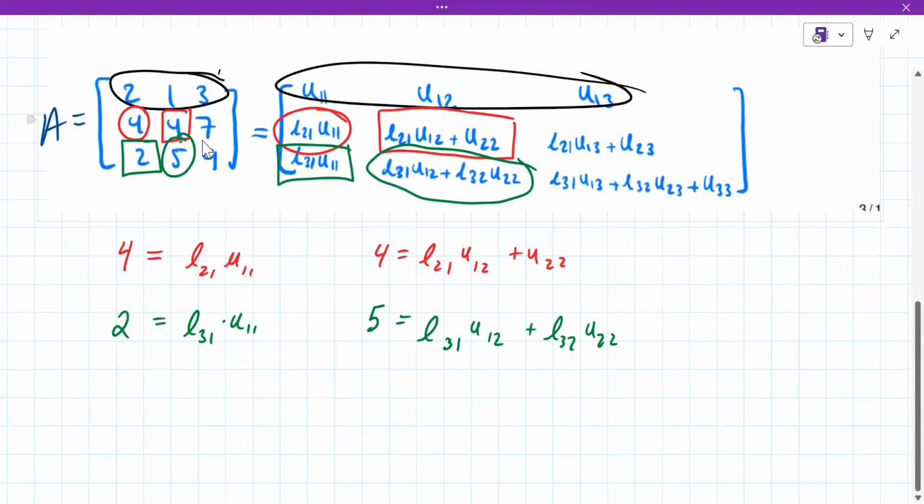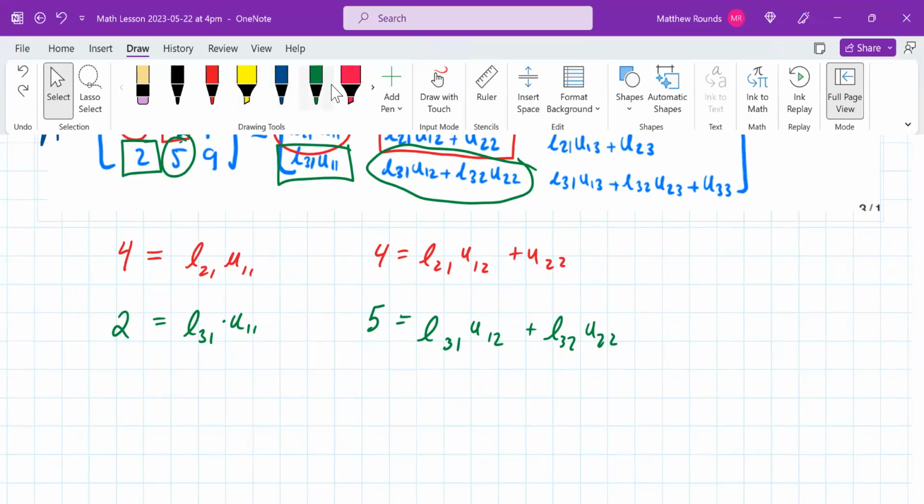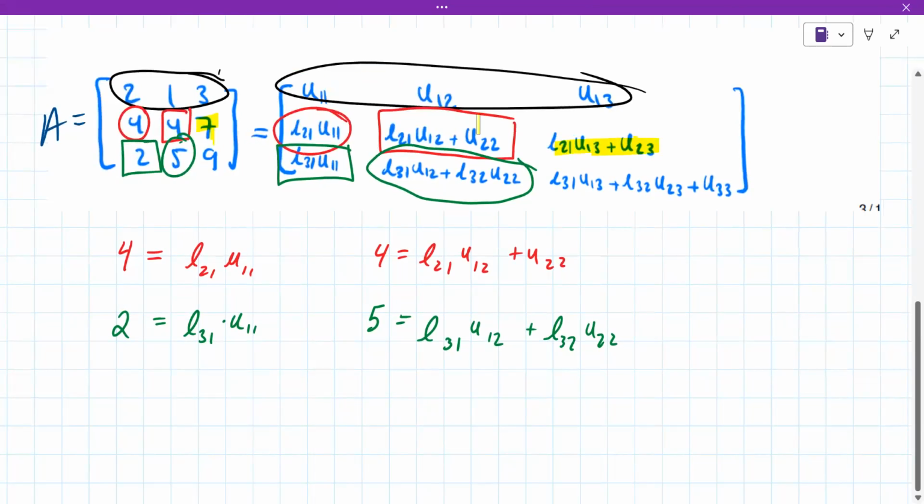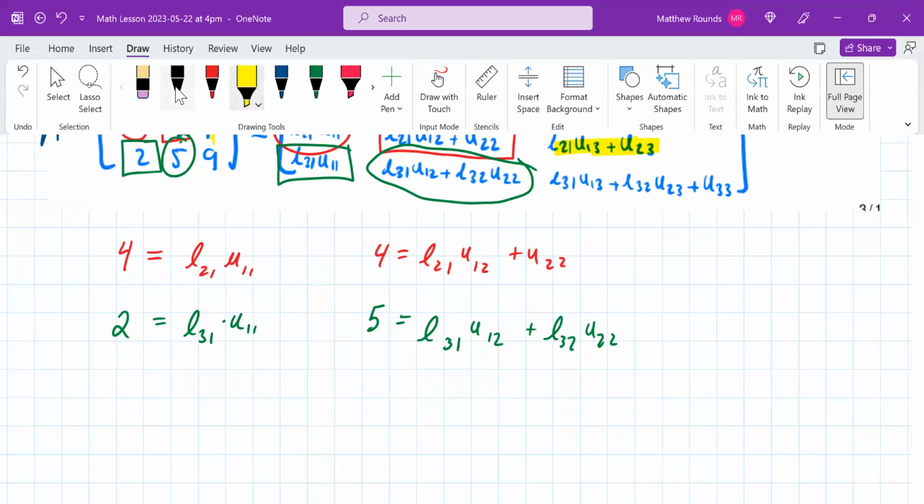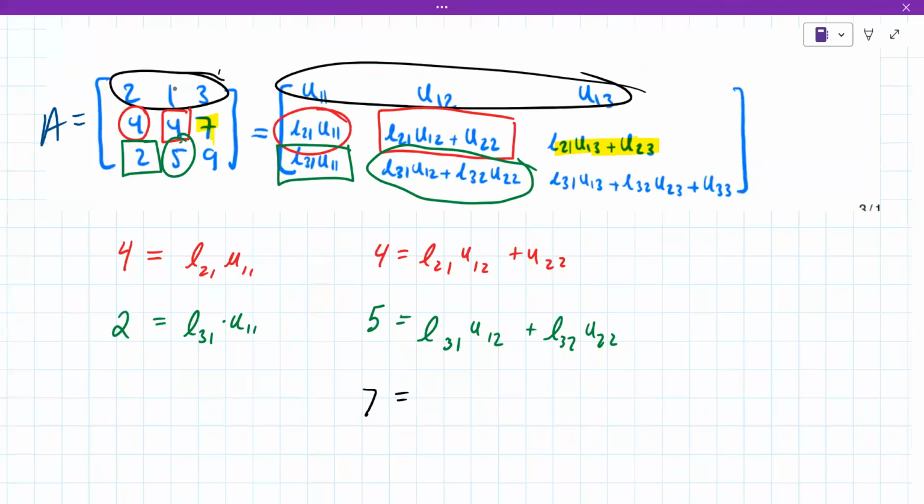But do you see you set the element equal to the element? Yes. Like 7 equals that. I'll have to switch to highlighter or something else because I'm running out of colors, of course. So this 7 equals this over here. So 7 equals L21 U13 plus U23. Okay.